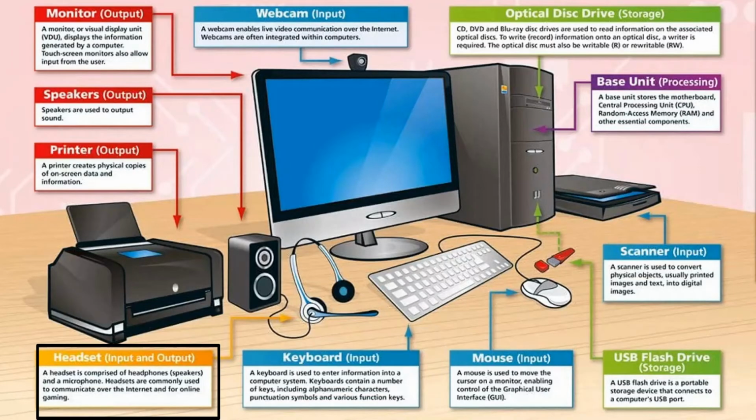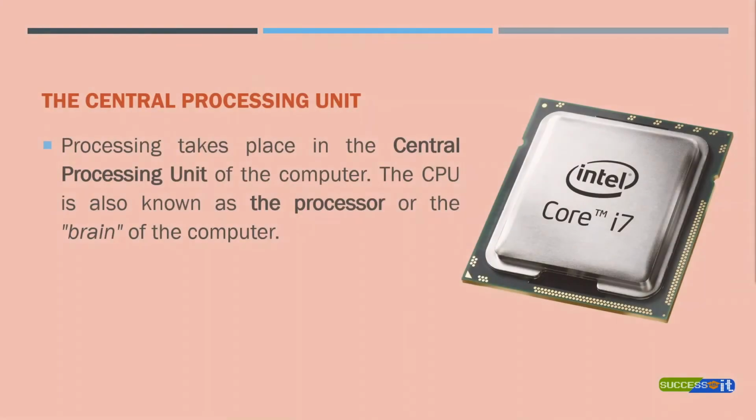In a desktop computer system, although many people loosely call the case with all the internal components inside it the CPU, it is actually called the system unit or base unit. Processing takes place in the central processing unit of the computer.